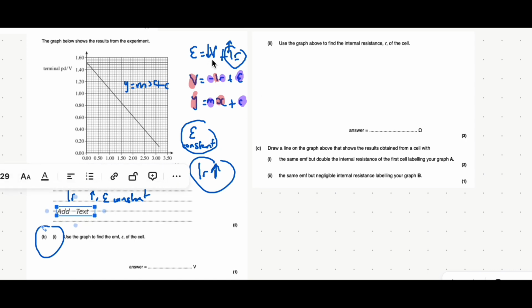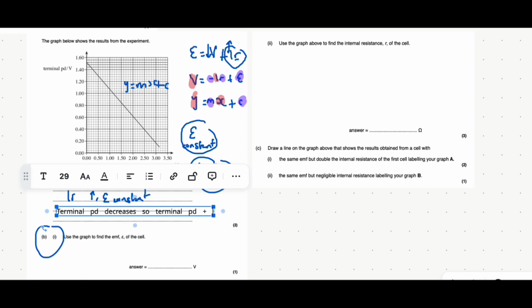Otherwise, if it doesn't decrease, then these would add up to a larger EMF, but we don't have a larger EMF. Again, it stays constant. So let's say terminal PD decreases so that the terminal PD plus the lost volts can stay constant.